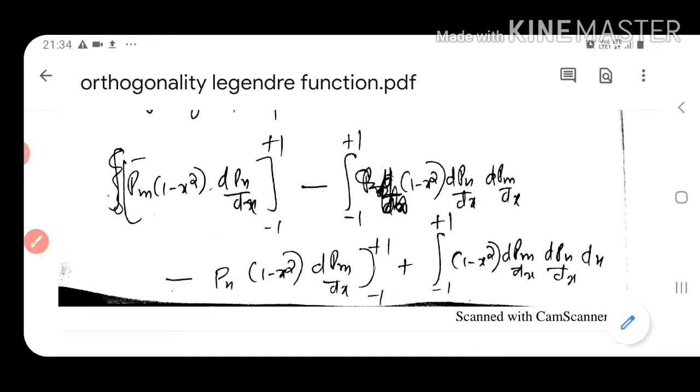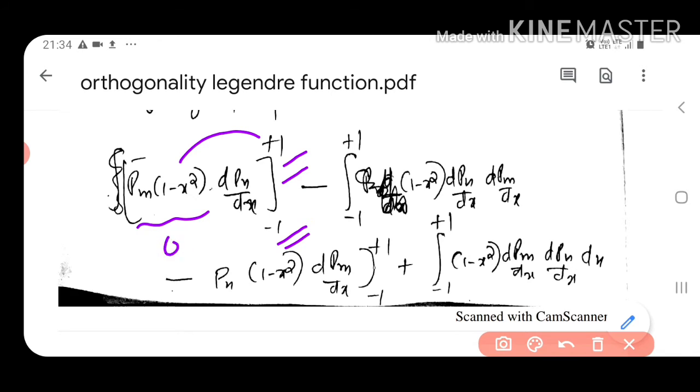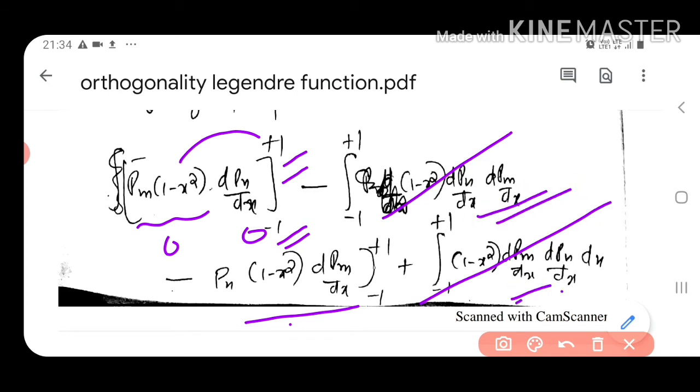See here, if you apply the limits +1 and -1 for x, this will be 0. Okay, here also if you apply the limits, this will be 0. And this will get cancelled. See, dPn by dx here, similarly dPm by dx here.